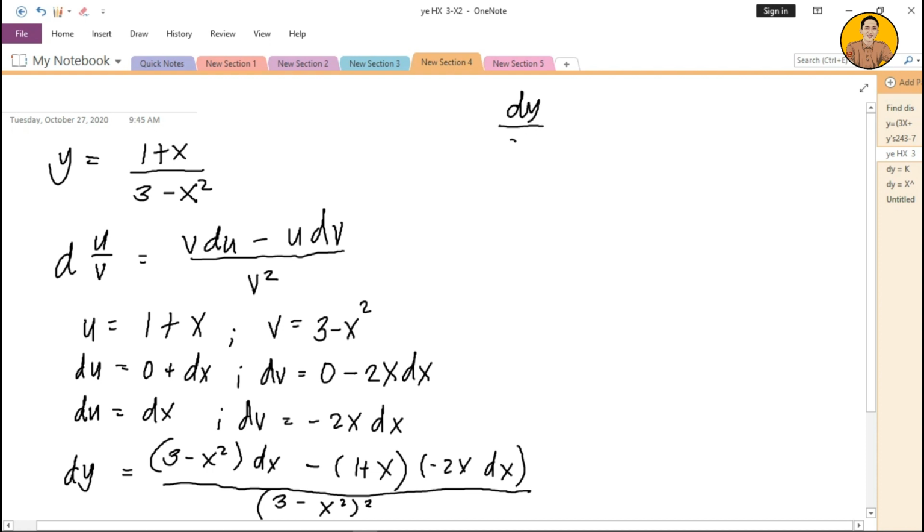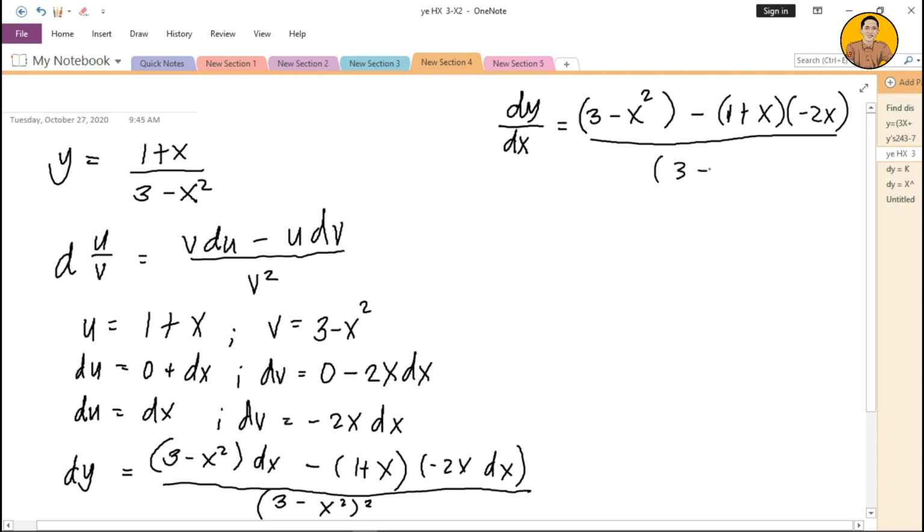Derivative of y with respect to x is equal to, so I have here 3 minus x squared minus 1 plus x times, we have here negative 2x. So this is all over v squared. So v is 3 minus x squared, then squared.